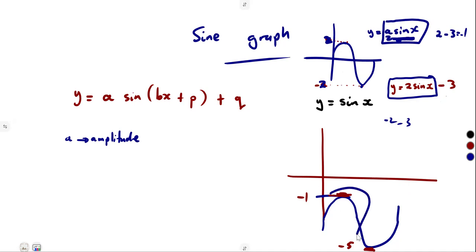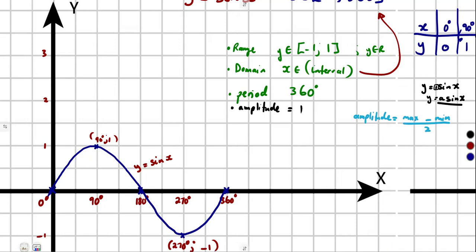Maximum minus the minimum value divided by 2 will get the same answer of the amplitude, which is the value of A. So don't just look at the maximum as we saw previously. Most of you tend to confuse it because you have the graph of a sine like this one.